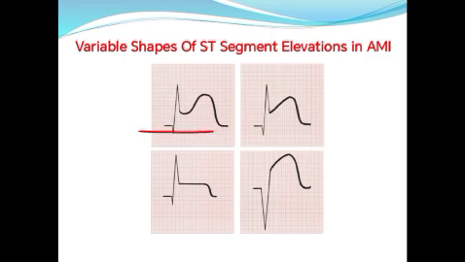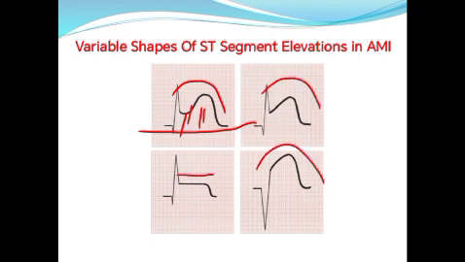Here, this is the isoelectric line, and this is ST elevation. This is ST elevation, it looks concave like that, and here it is a curved shape. This ST elevation is also a curved shape.